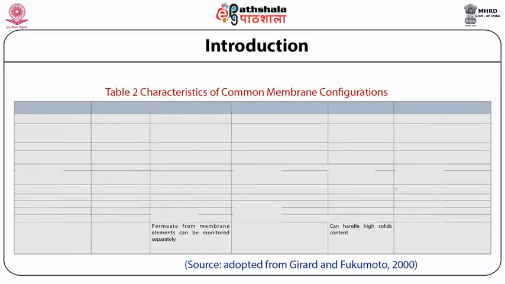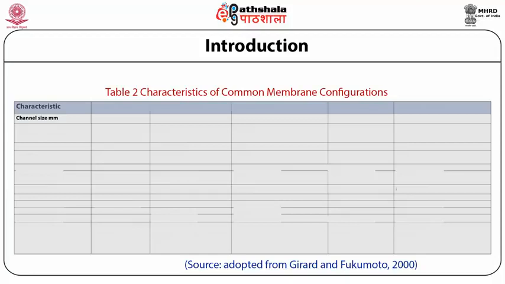Table 2 shows the characteristics of common membrane configurations. The characteristics are channel size in mm, packing density given by area divided by volume in meter square per meter cube, flux given in LMH, energy consumption, cost per unit area, membrane replacement cost, holdup volume, fouling, backflushing, CIP, and polymer choices.